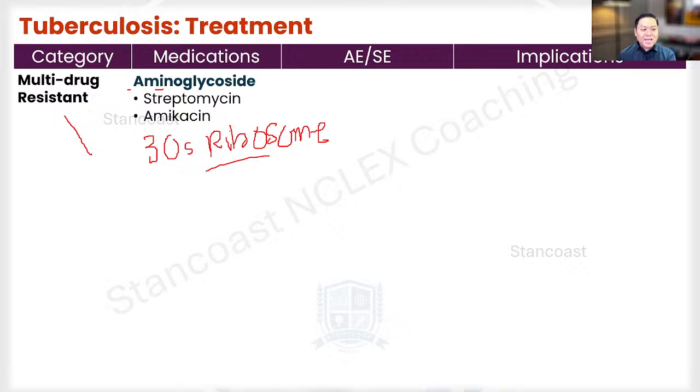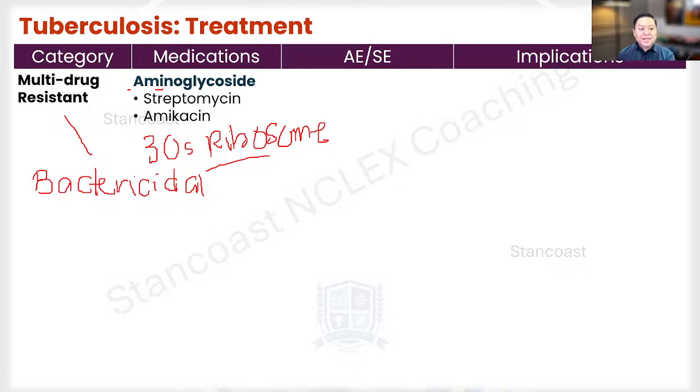So the medication itself has a killing effect. It has that bactericidal effect. It will kill the microorganism because it is now going to inhibit the synthesis of the protein inside the cell.